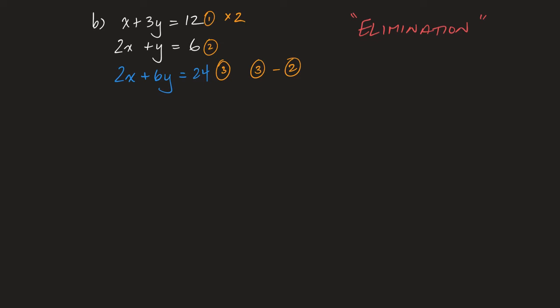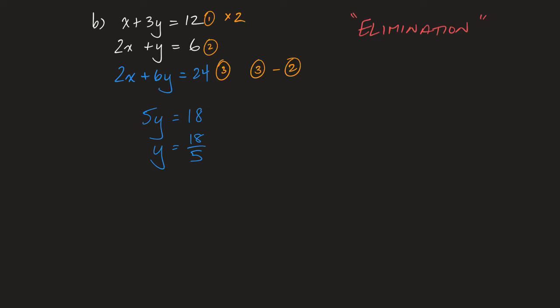Right now, we should be able to calculate 3 subtract 2. So that is now going to give me a 2x minus 2x. Those cancel out perfect. 6y minus 1y is 5y. And 24 minus 6, there's my 18. Now I create a very simple equation I can solve.